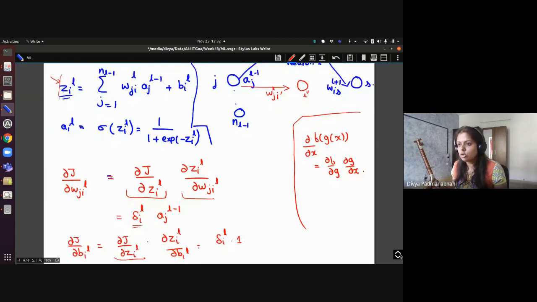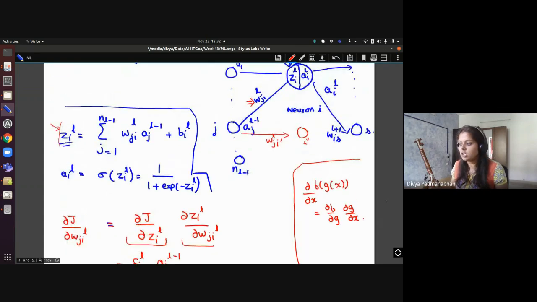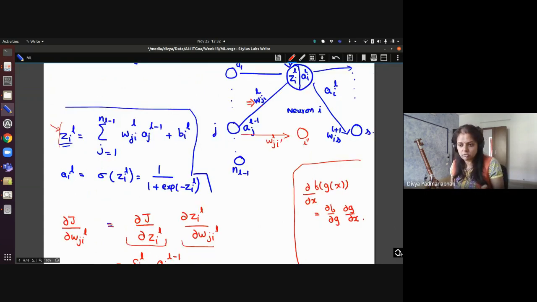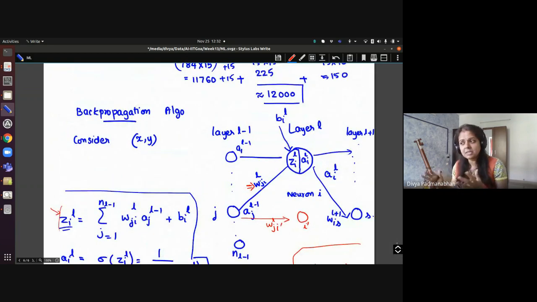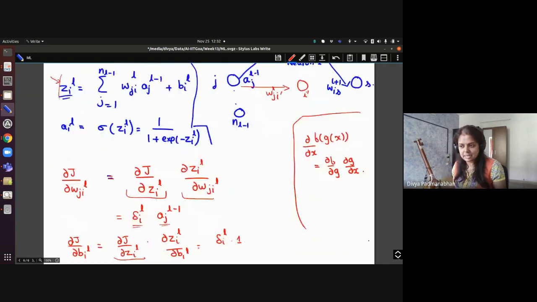So one thing to note is there is also a dependence on AJL minus 1. So if you're trying to compute a derivative for these points, there is a dependence on something which came before. And this is going to be the case for every layer. So any layer you take, this is going to be the general form. So how the backpropagation algorithm will work is, let me just give you an outline of it, and then we'll go into computing these delta ILs.